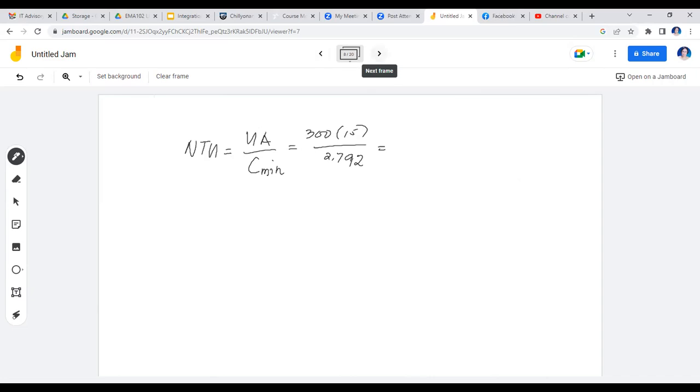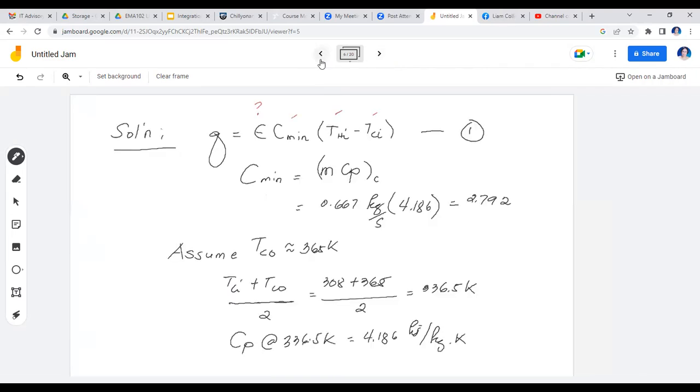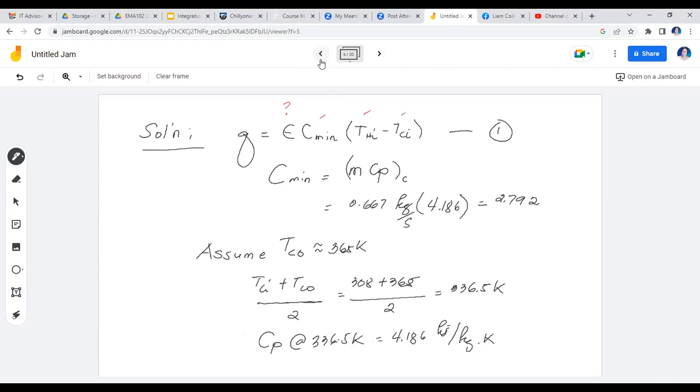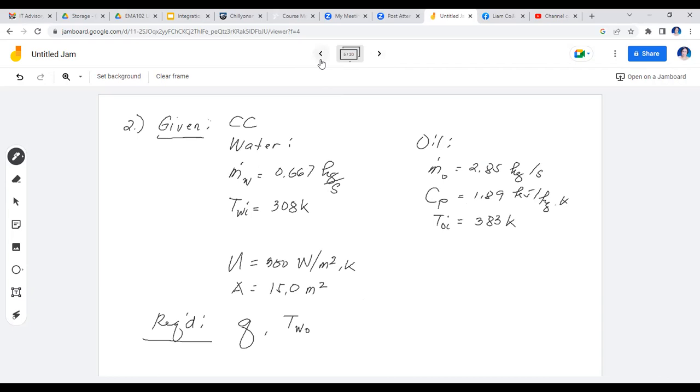Okay, wait, class. Why is the answer so big? 300 times 15 divided by 2.792. Your overall heat transfer coefficient is in watt per meter squared Kelvin. Your area is in meter squared, so that's okay.